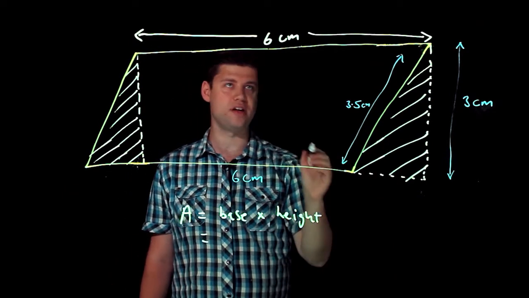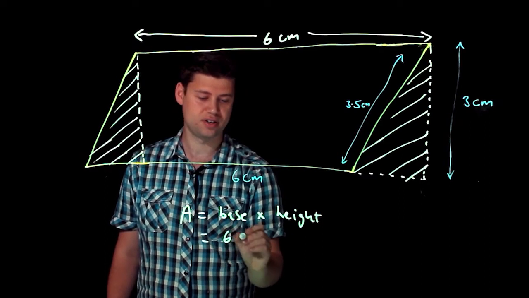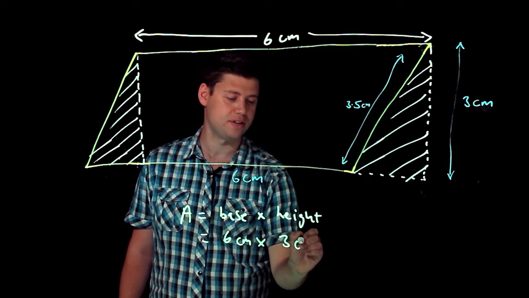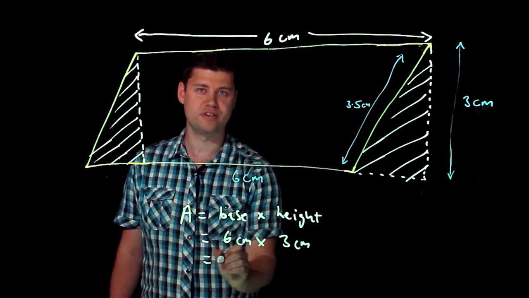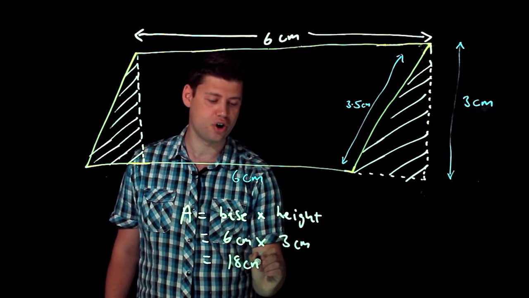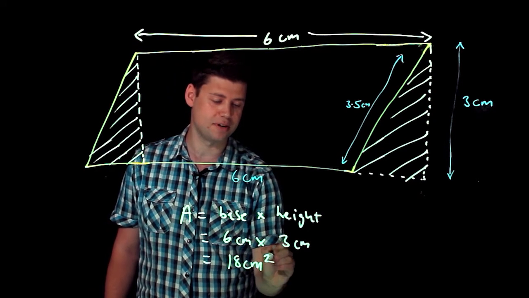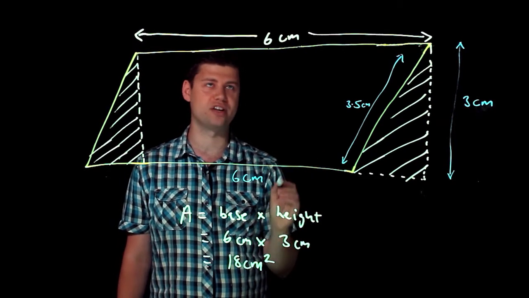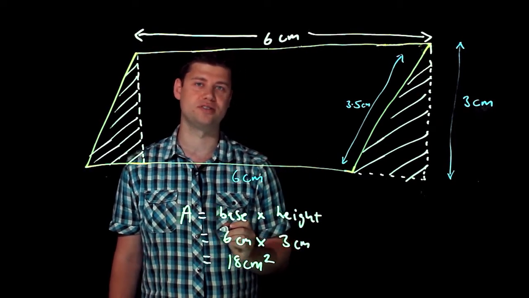And that's going to leave me with 6 centimetres multiplied by 3 centimetres, which gives me a total of 18. And remember, because it's area, our units are going to be centimetres squared. And so our answer for the area of a parallelogram in this particular shape would be 18 centimetres squared.